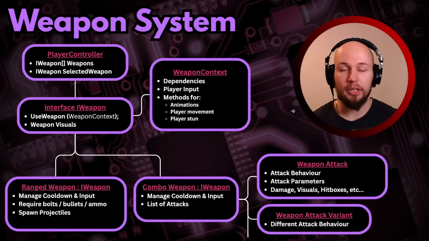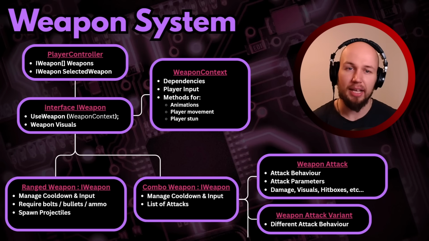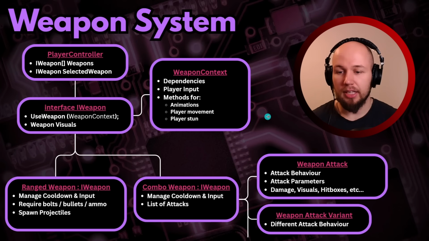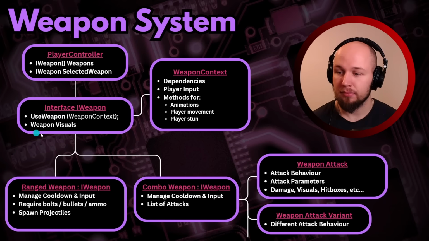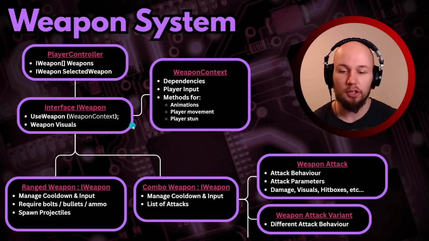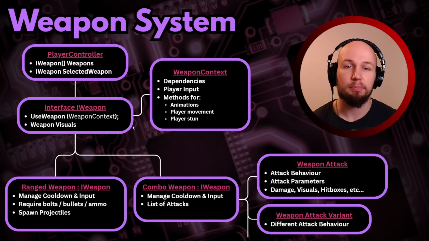Many weapons, when you're using them, stun the player, so there's a small amount of time where the player cannot move when using a weapon. And there are many other systems that may be needed, like ammo or items if some weapons consume energy or ammunition, for example. The interface also has stuff for the visuals, since all of the weapons have different sprites and they may have some effects as well.